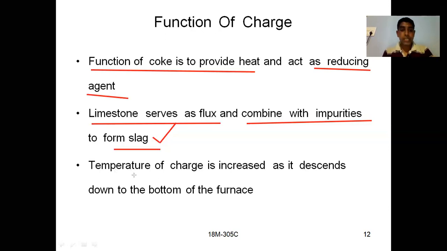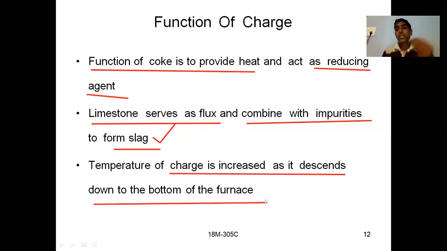From where do you charge the charge into the blast furnace? From the top. When the charge descends, the temperature is increasing.